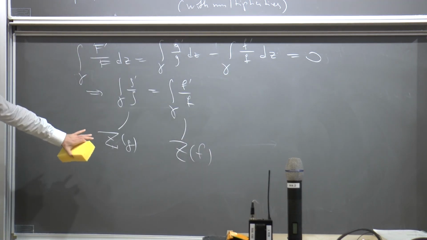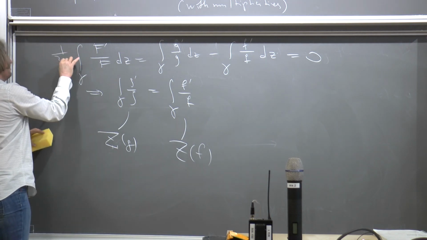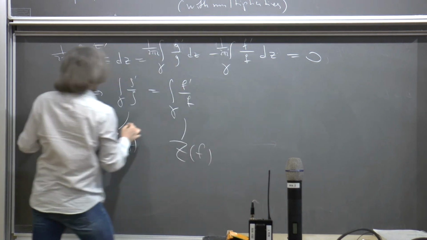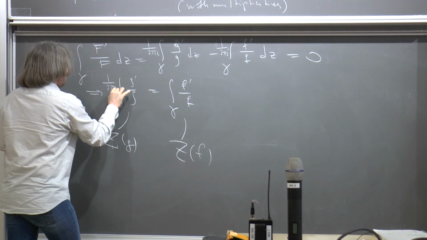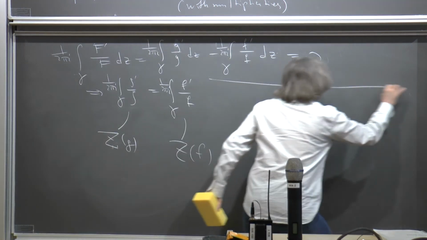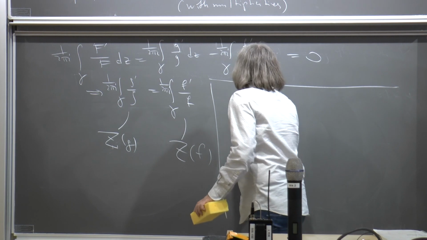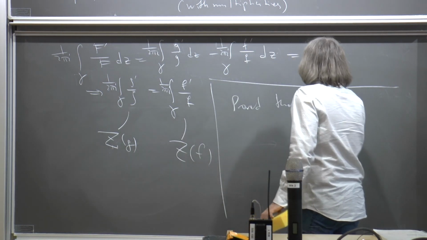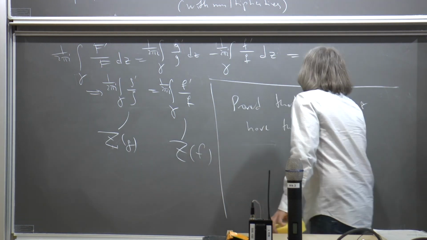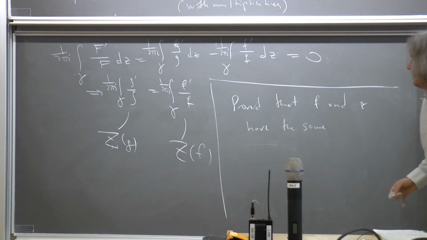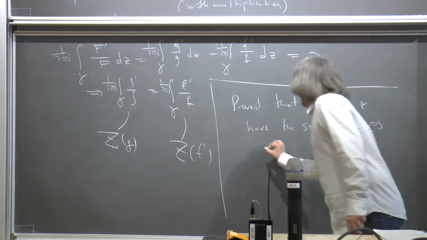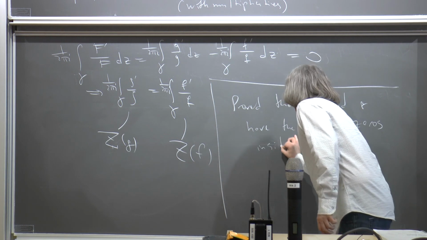So we proved that f and g have the same number of zeros inside gamma.